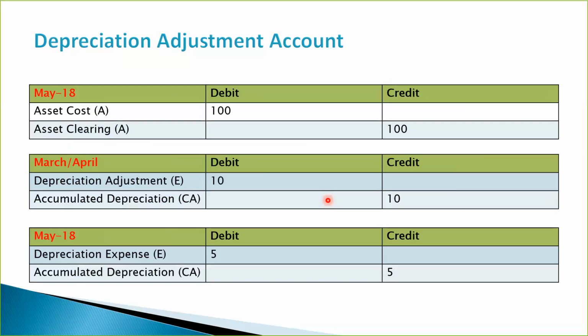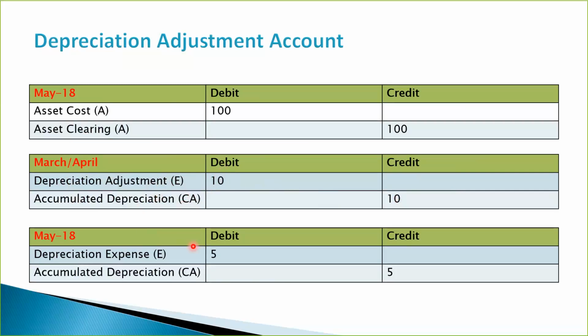Therefore, in May, the kind of accounting that will be created will be, one, there'll be depreciation expenses not calculated for March and for April. Okay. So those entries will be calculated, and this is the accounting that will be created. So instead of going to the depreciation expense, those adjustments will go to the depreciation adjustment account, which is also an expense account. But on the other side is also accumulated depreciation, because of course this is still part of the depreciation for this asset.